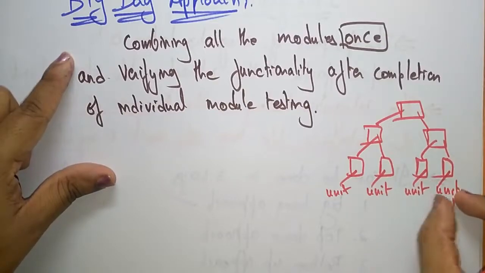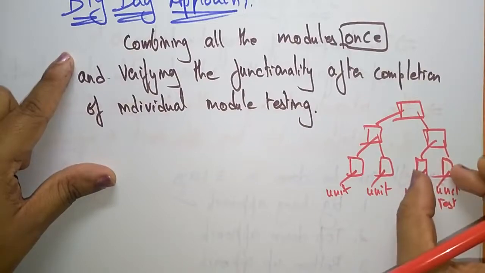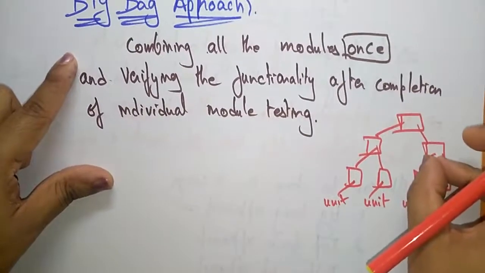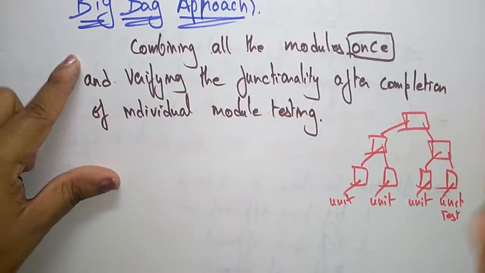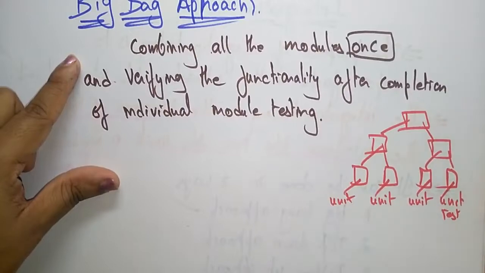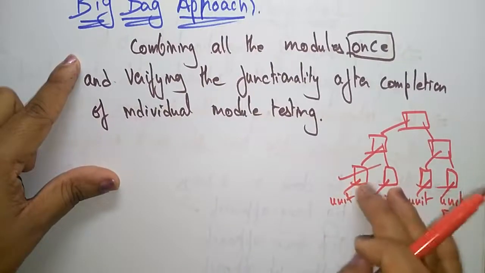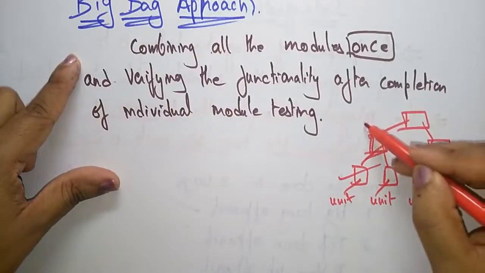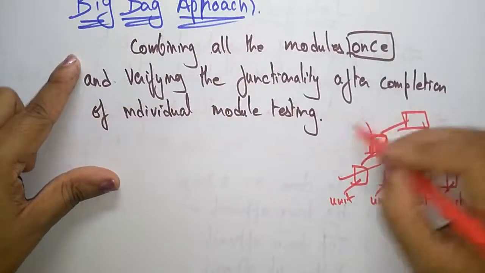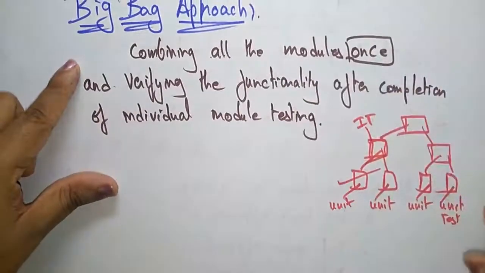After completion of this individual module testing, you have to combine all the modules once and verify the functionality. Even though we are checking the individual modules, by combining the modules you have to check again. The checking done here is called integration testing, and we do this integration testing by using the Big Bang approach.